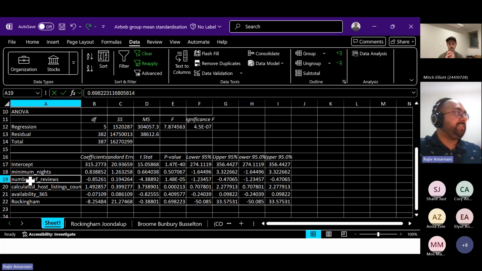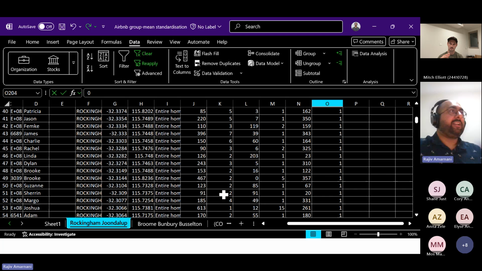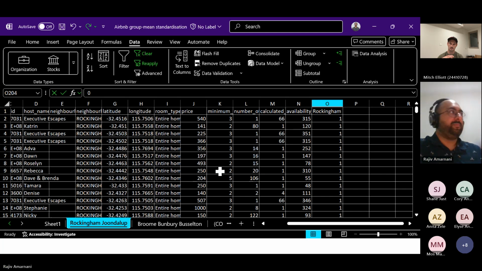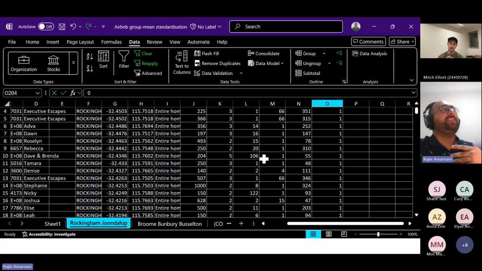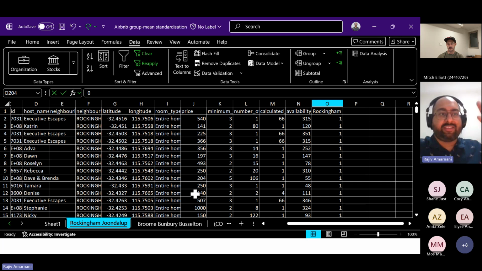The number of reviews is the main thing that seems to count, and the number of listings that the host has. Now, all of these are in general, not accounting for the fact that maybe it's cheap for a property in Rockingham or expensive for a property in Joondalup. These are effects that are in general rather than specific to the suburb.